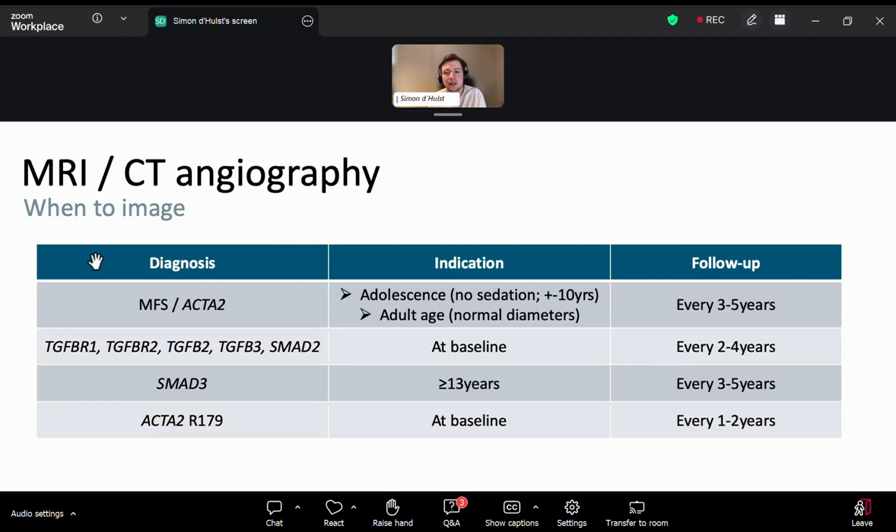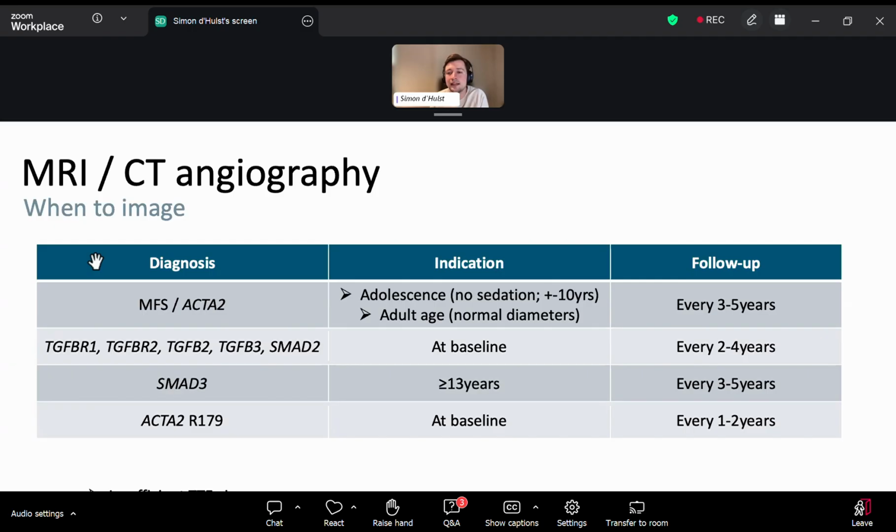Repeat MRI is typically performed every 3 to 5 years, or more frequently, as is shown here, in the more high-risk cases. Of course, other factors will play a role in how frequent you perform your MRIs.